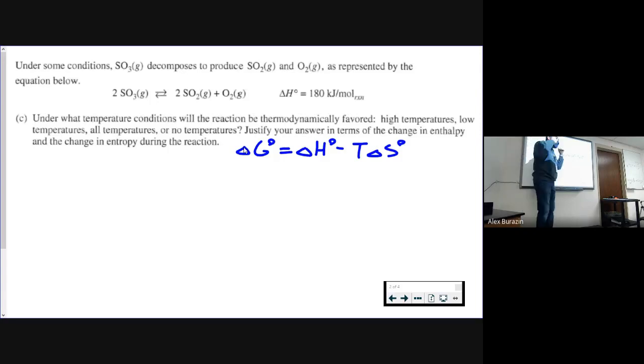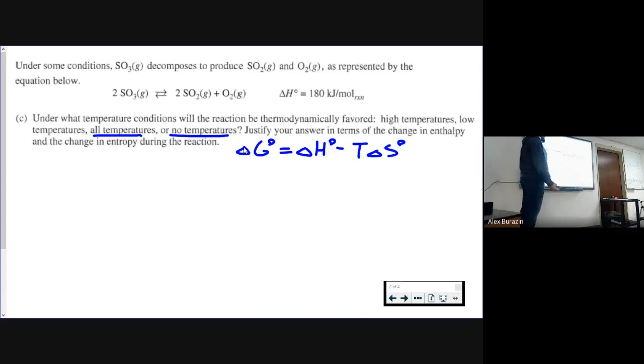Let's give you the opposite of that, right? If this is positive, and this ends up being positive after I account for that, it's impossible for me to make it thermodynamically favorable. So that's the options they're talking about, right? All temperatures, no temperatures. Do the numbers work out where it's impossible for me to make it thermodynamically favorable? Do the numbers work out where it's impossible for me to make it thermodynamically unfavorable? Or do we have one of these weird hybrid situations where we actually need to consider the temperature?